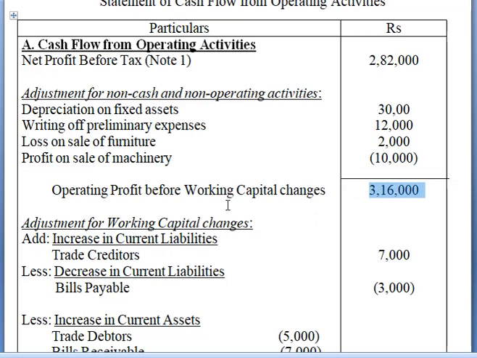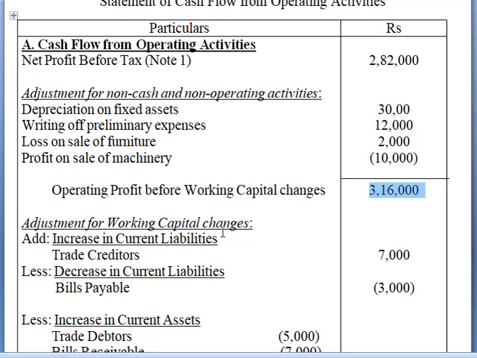And this 3,16,000 is actually the operating profit before working capital changes. I think till this step you are okay with it. First you write NPBT, and after that you do the adjustment for non-cash and non-operating activities, after which you will get operating profit before working capital changes, 3,16,000.